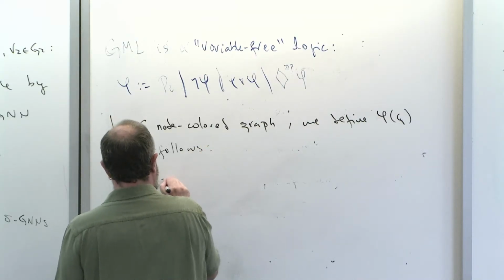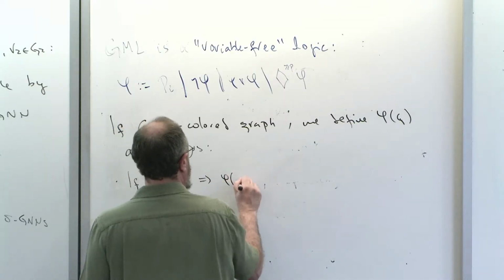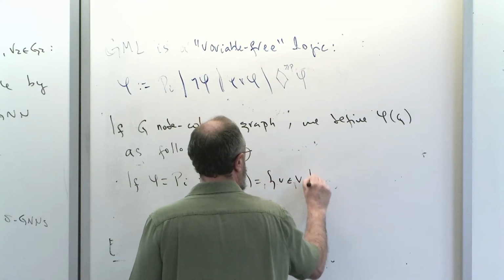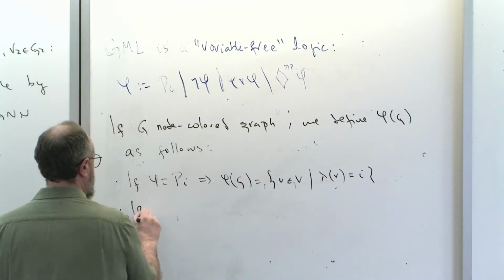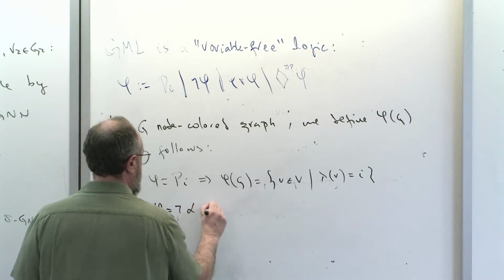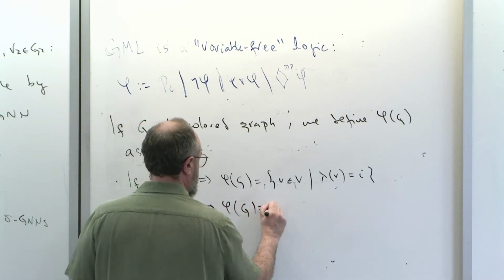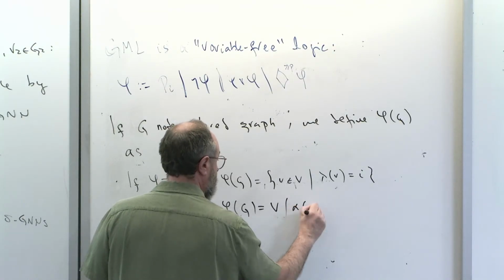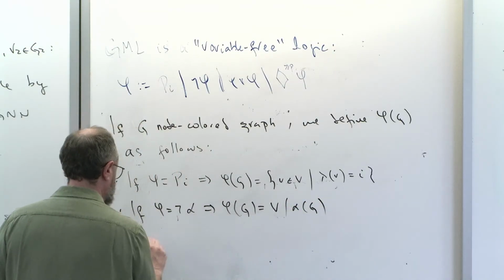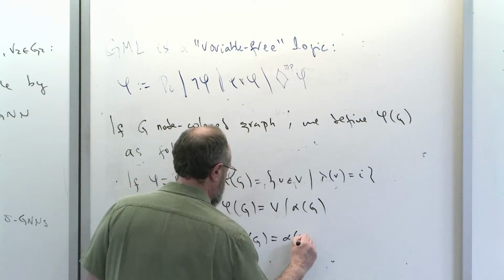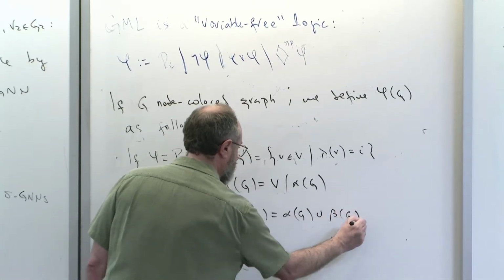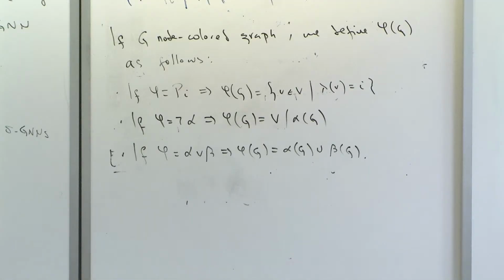If phi equals p sub I, then phi of G is the set of nodes that have color I. So each one of these formulas defines a unary relation on a node color graph.